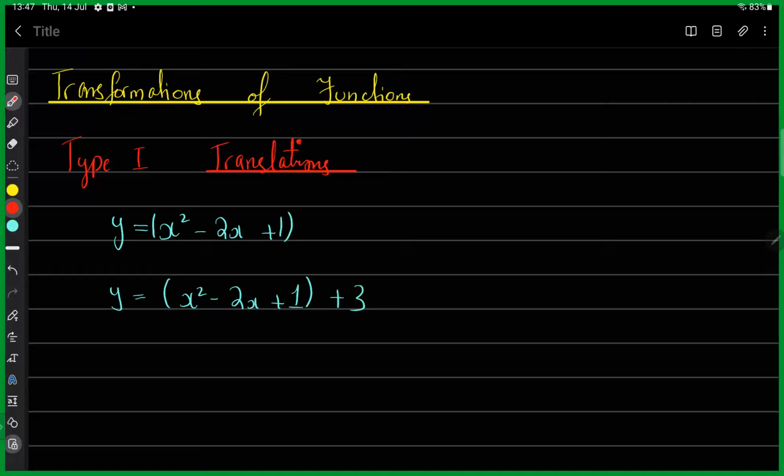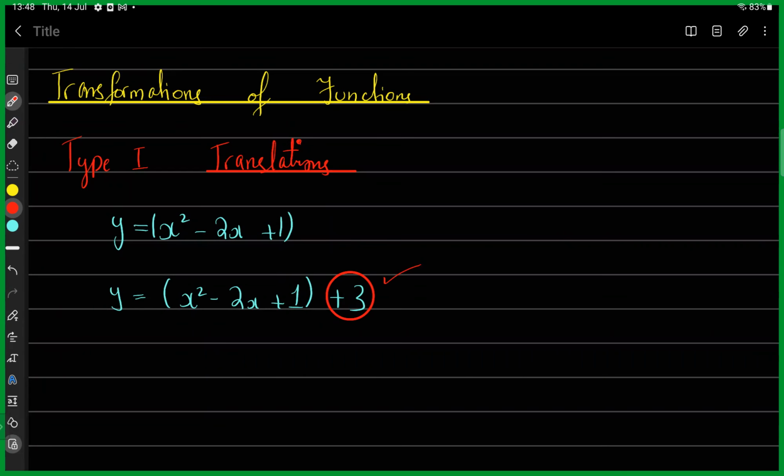What is the difference in both the equations? The difference is that I have added a positive 3 and every other thing is same. This is still quadratic. The basic idea in this curve would still be same, but I have just added positive 3. What impact would this positive 3 is going to make on the graph?